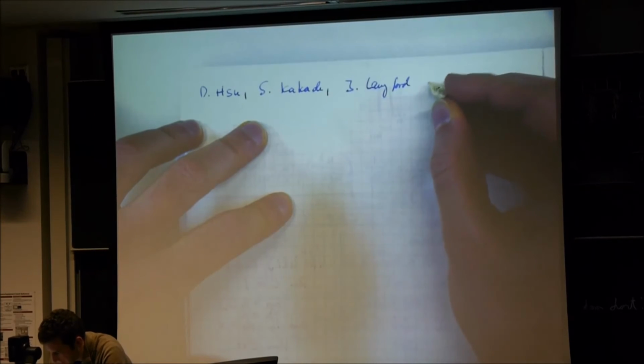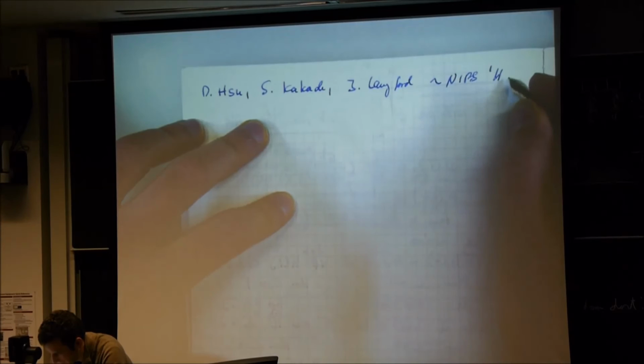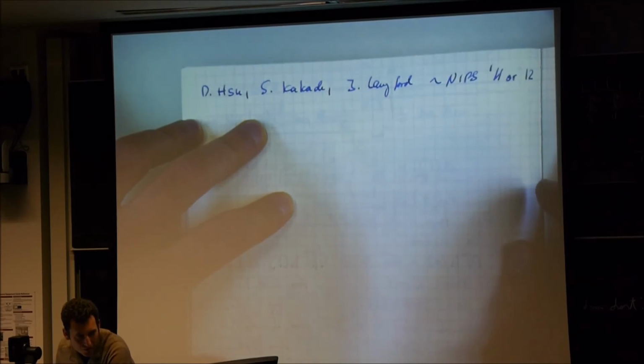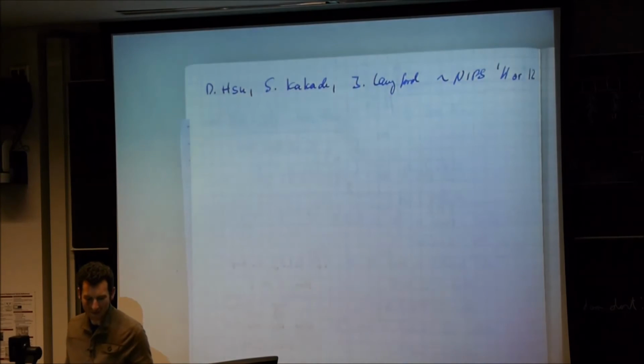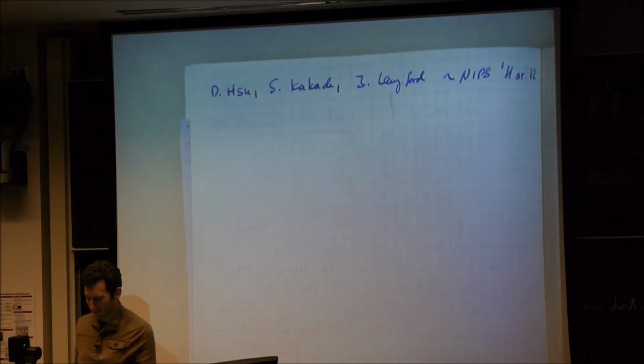This would have been around NIPS 11 or 12, I think 12, but I'm not entirely sure. I think it was the best student paper or something like that at the time. And here's what they did.